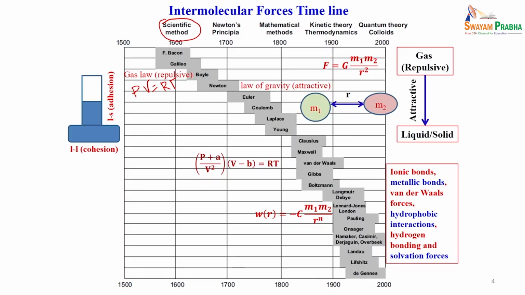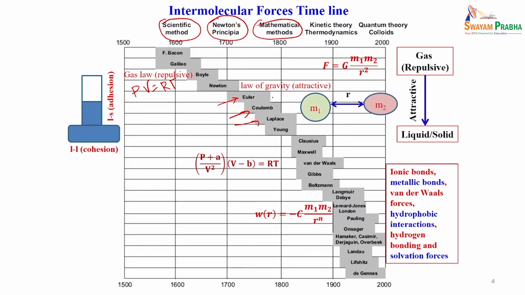The next comes the 18th century. Because of this contradiction between repulsive and attractive force, there was a lot of confusion and contradiction in the 18th century, but of course we got a few mathematical theories from Laplace, Euler and Coulomb. So, this century is basically known for mathematical methods as well as Newton's Principia.